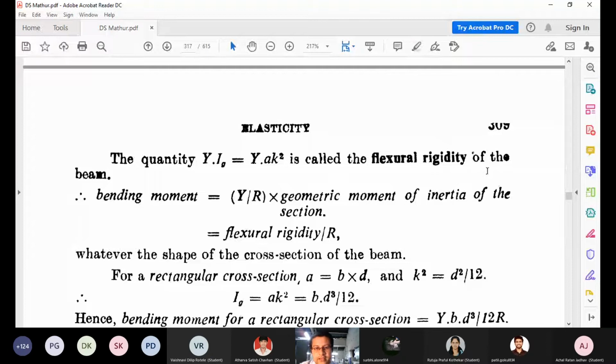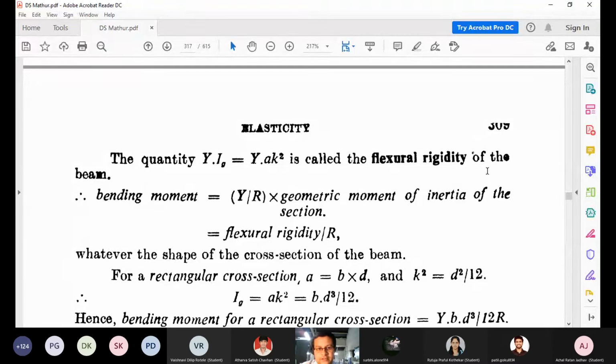So don't worry. Here again this new terminology, rigidity, comes in. Don't confuse it with the modulus of rigidity. Modulus of rigidity is when the forces you are applying are tangential forces, but here the forces responsible are perpendicular.